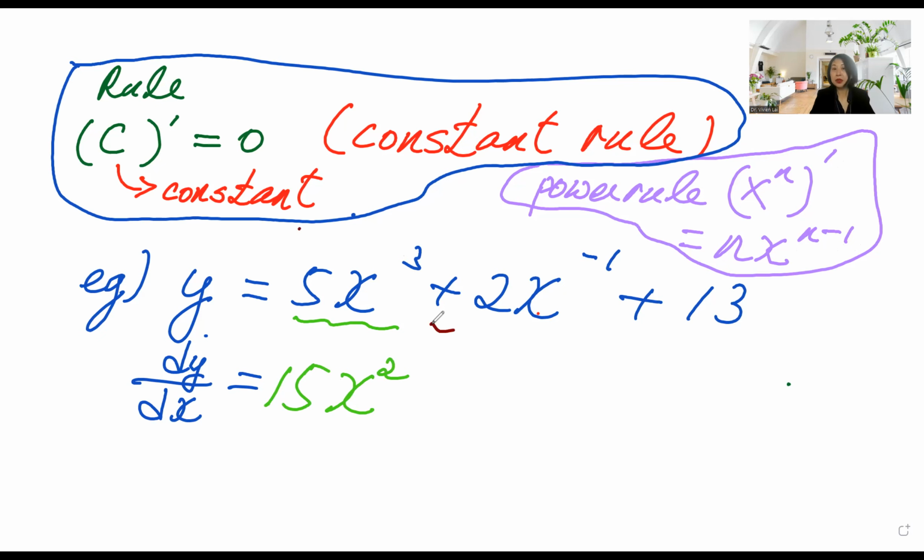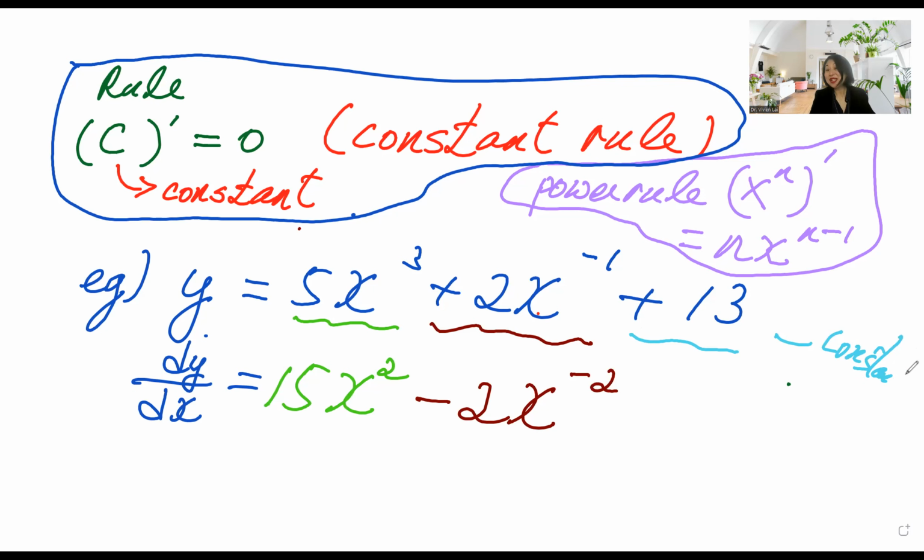Now the second monomial. Bring the index in front times the coefficient 2. So it's negative 2. And then the index n, you need to minus 1, so it's negative 2, right? And then the last one, what is this number we call? We call it a constant. What does it mean?